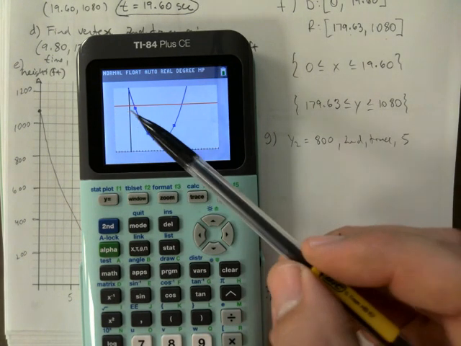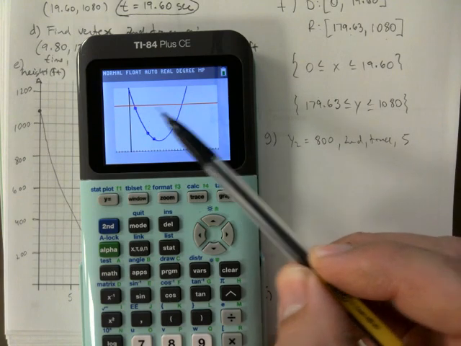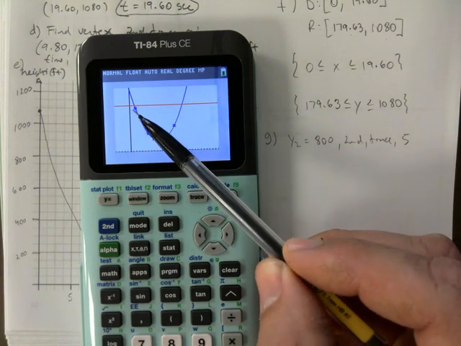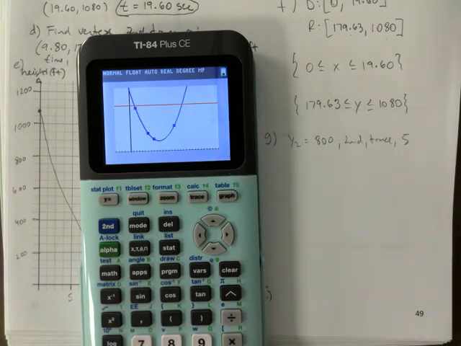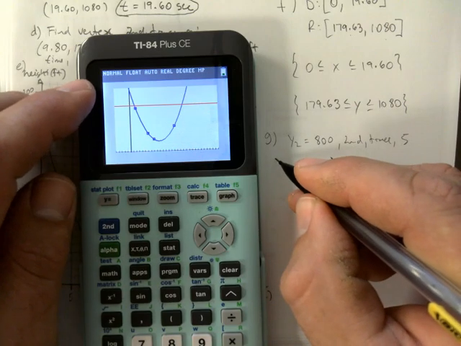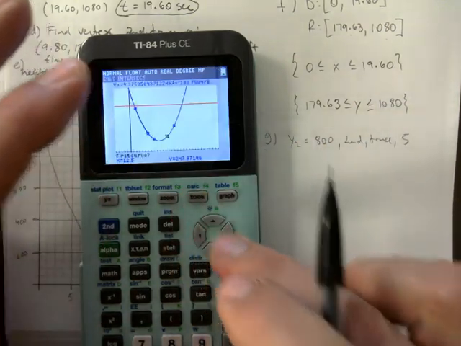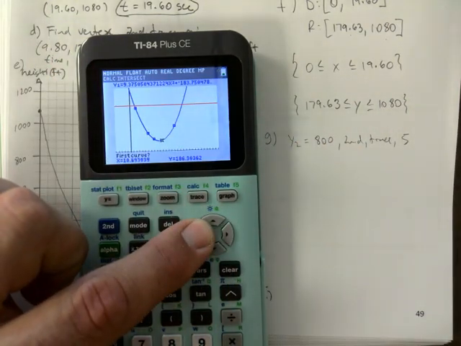And here you see that it happens twice. Within our domain and range, it crosses it twice. So there you have to do a delta t scenario. So let's find the first one. Second trace 5. Let's find this one right there.